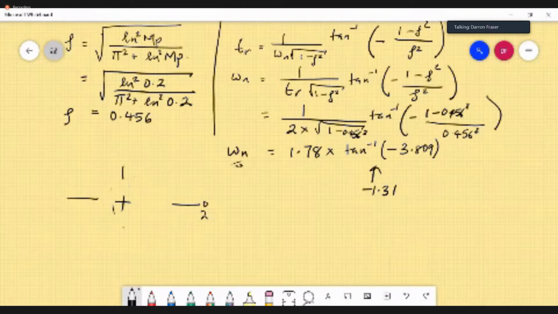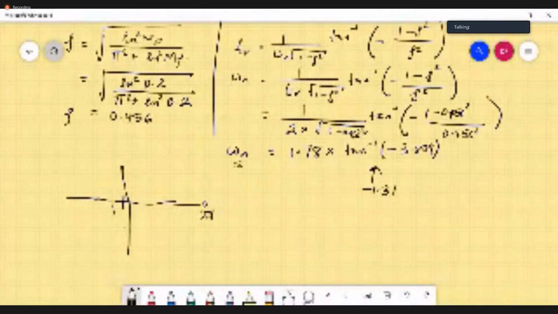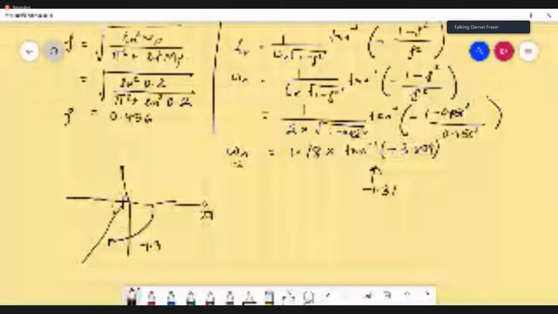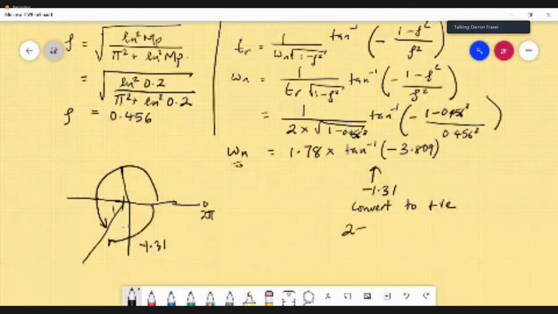The whole entire thing around is 2 pi. So going back this way, we have negative 1.31. What is it going this way? We convert to a positive value. So we just say 2 pi minus 1.31.